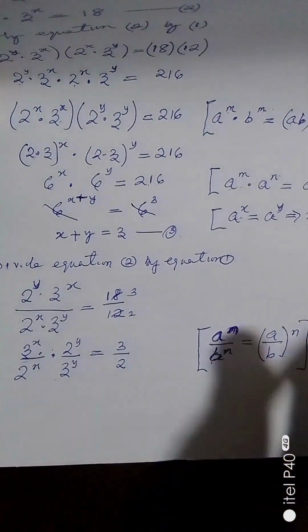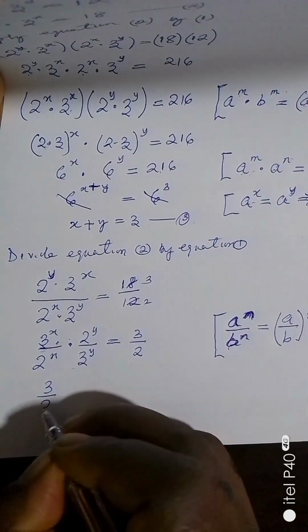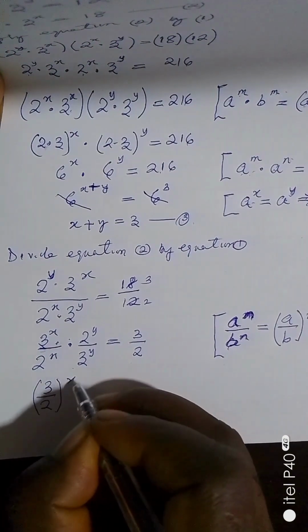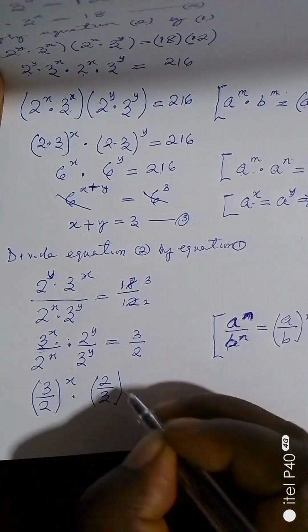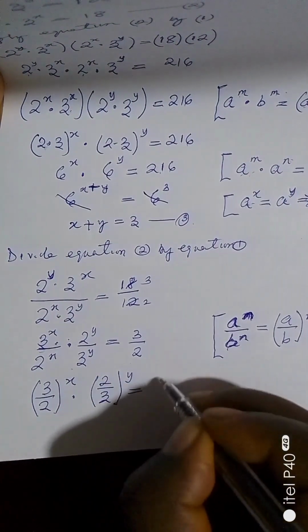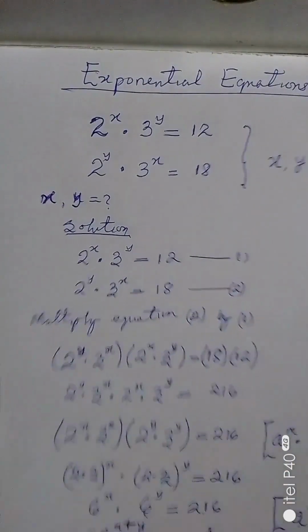So this now becomes 3 over 2 to the power of x dot 2 over 3 to the power of y equal to 3 over 2. So let me move on to the next page of the solution. So I'll start from where we left off.